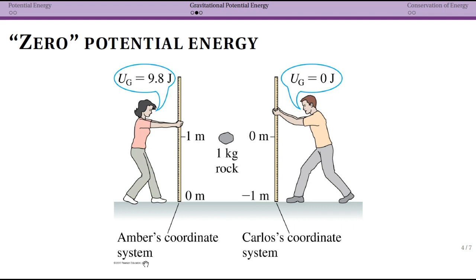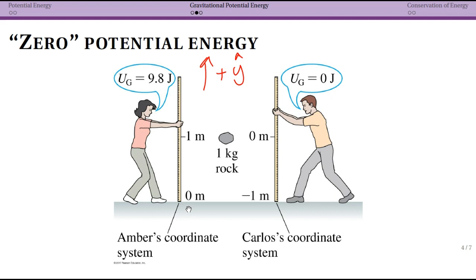This is again where it's important to define clearly your coordinate system, because in this picture, Amber says that this rock is 1 meter above the ground. Carlos says that the ground is 1 meter below the rock. They've chosen different points to be zero. But notice that both of them have defined the positive direction to be up. That works since they both agree that gravity points down.